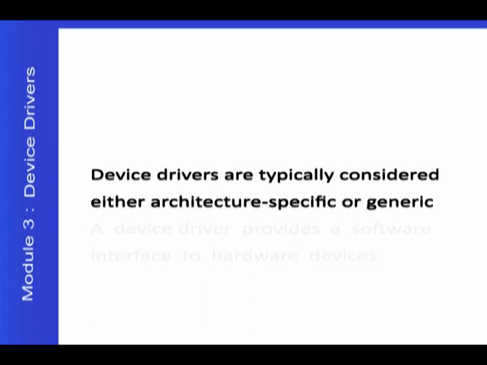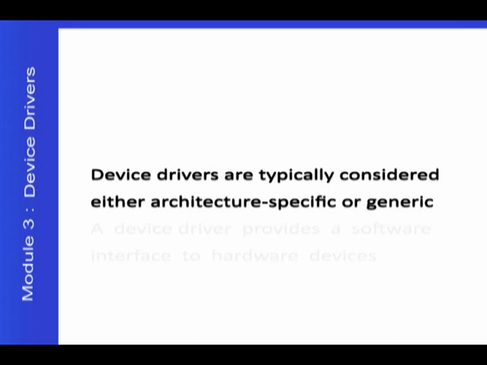An architecture specific device driver manages hardware that is integrated into the master processor. For example, device drivers for on chip memory. A generic device driver manages hardware that is not integrated into the master processor.